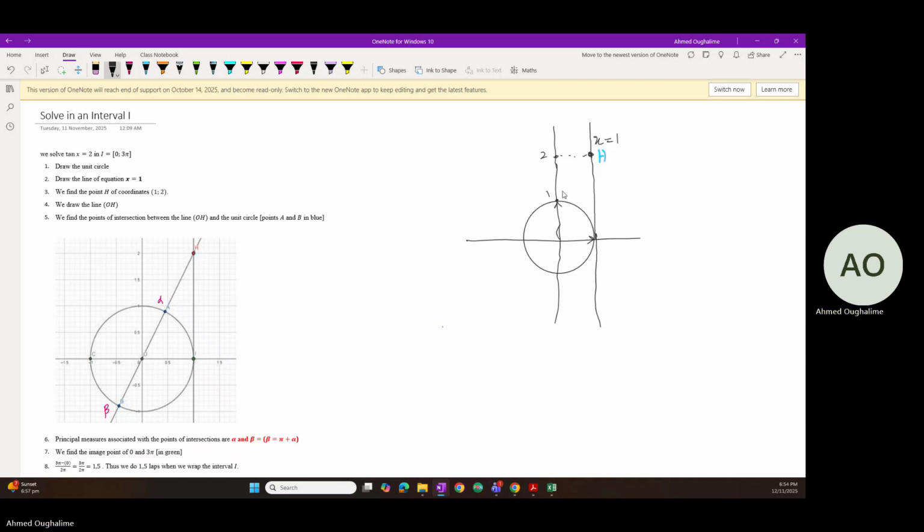The coordinates of it are 1, 2. So this is my point O, this is my point I. Then we draw the line OH, the line that goes through the point O and the point H. So we draw our line.